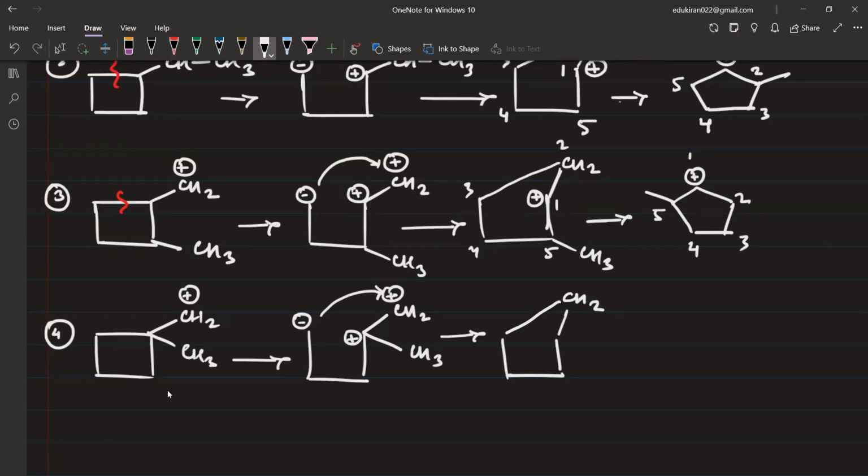CH2. It's going to make a bond. This is going to get a positive charge. This also has a CH3 group. So this is my first carbon atom, second, third, fourth, and fifth.